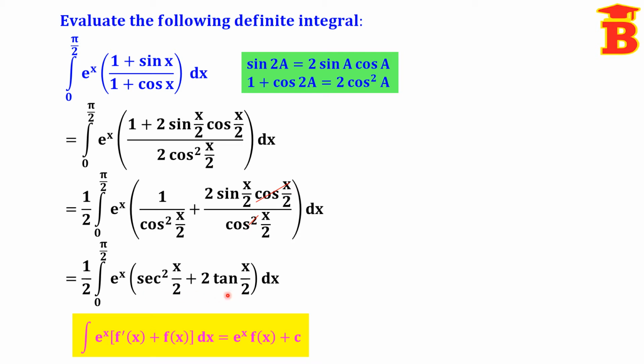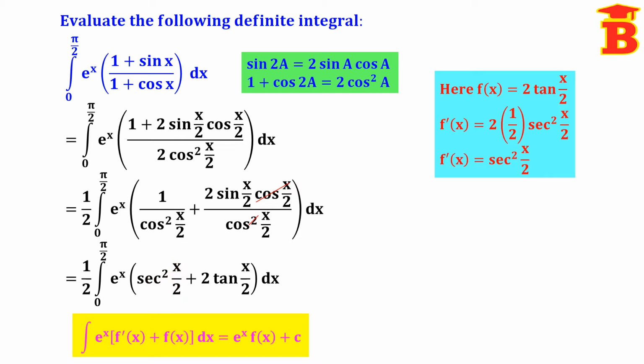Here we take f of x as 2 tan x by 2. And f dash is secant squared x by 2. So we can check this, f of x is 2 tan x by 2. Differentiating this, f dash of x equal to 2 into tan differentiation is secant square, secant squared x by 2 into 1 by 2.